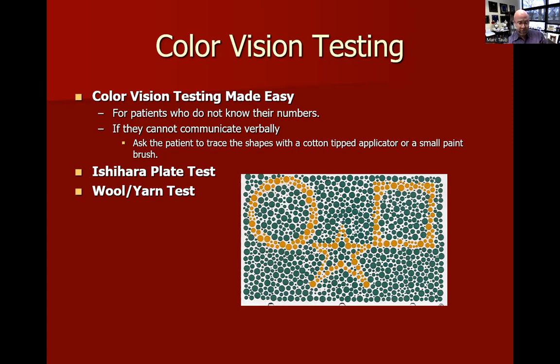Don't want them to use their fingers because that'll leave oil on it, to just trace the shapes. The wool yarn test is not necessarily an official test, but putting down strips of different colored yarns and having them match it up. It gives you an idea of what they can see color-wise.